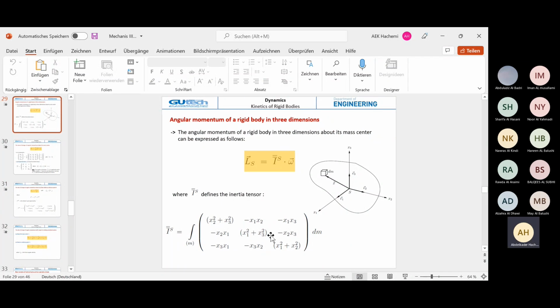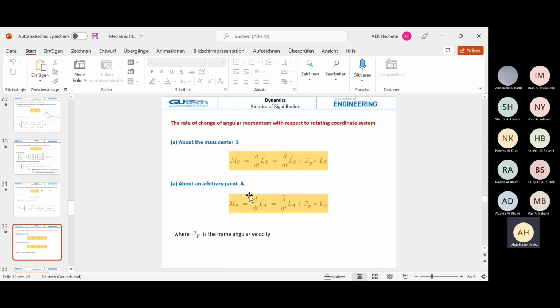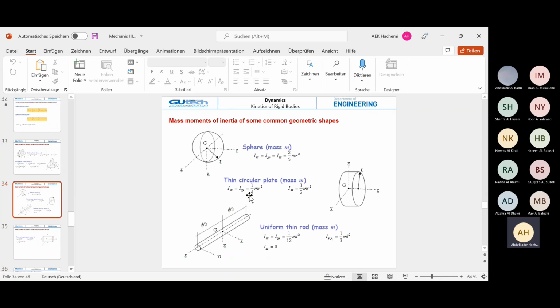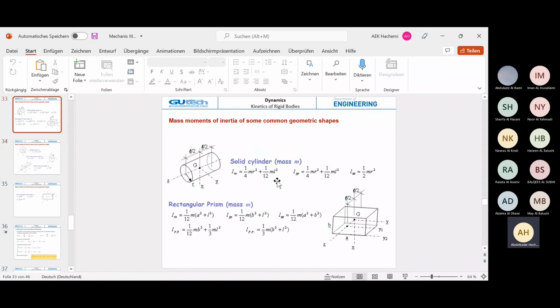When we do this, it's for an arbitrary definition, defined for an arbitrary axis system. But as I said, there is the possibility to define this value, what you see here, with respect to principal directions.